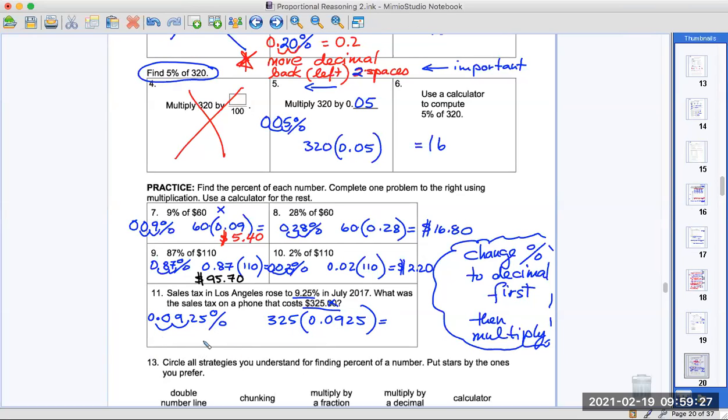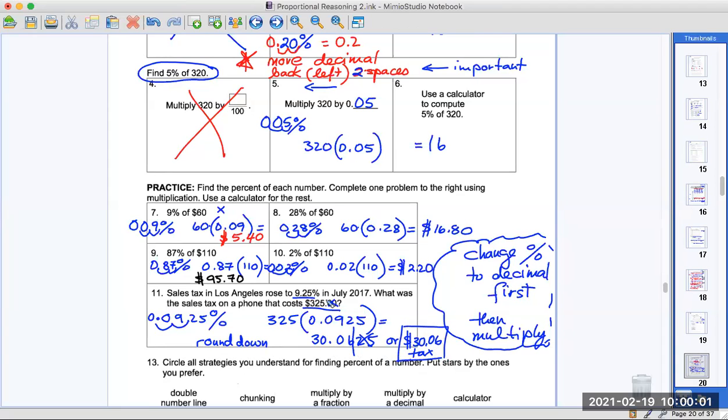On this one, you have to round down. The answer is 30.0625. So that means you're going to cut that off. $30.06 tax.